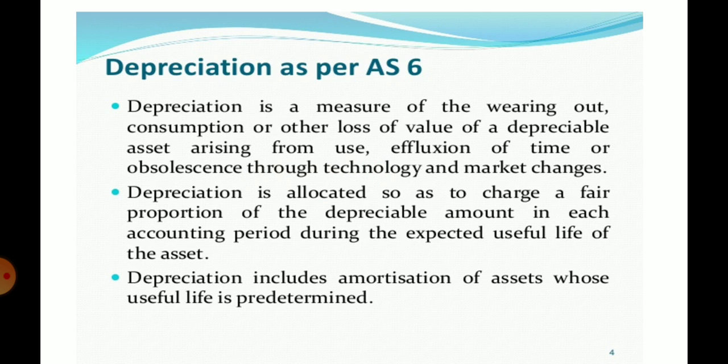Depreciation is allocated so as to charge a fair proportion of depreciable amount from the fixed asset during its useful life. As you term it, the period your asset will last is the useful life of the asset. Depreciation includes amortization of asset whose useful life is predetermined. So the useful life is always predetermined. Amortization of asset should be done on the basis of this.